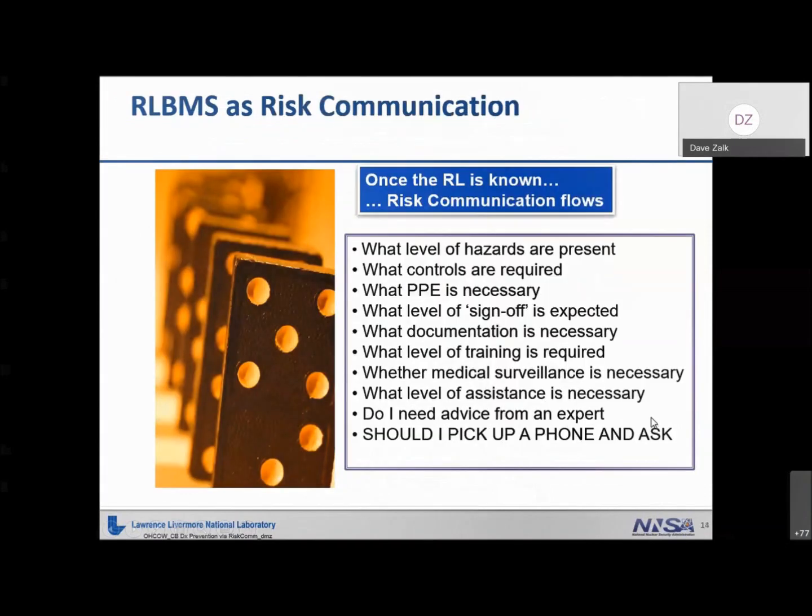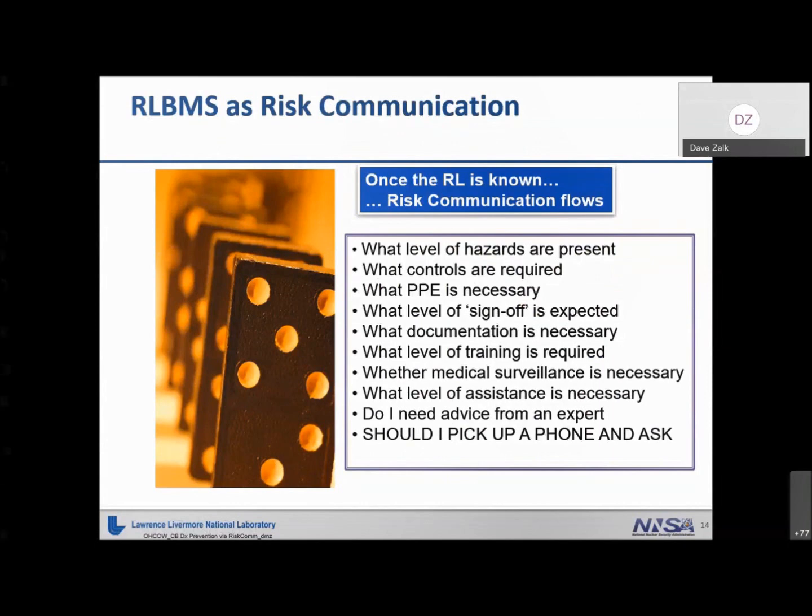However, when it comes to risk communication in the worker, once we know the risk level, all the risk communication that the worker needs flows. And I've put this out there to every worker that I've been with. You give me 5 minutes at any worker and I will have them understand everything they need to know about the risk level-based management system.